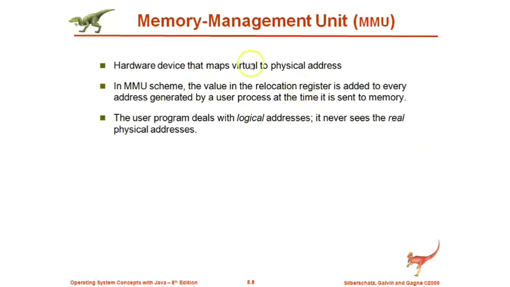The user program deals with logical addresses; it never sees the real physical addresses. Means only logical addresses are available to the user programs. The user program cannot directly deal with the physical addresses. That's why, in order to map the logical address to the physical address, we need this MMU.